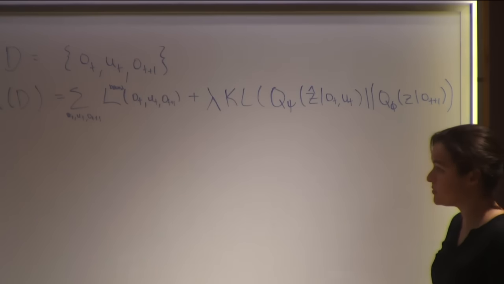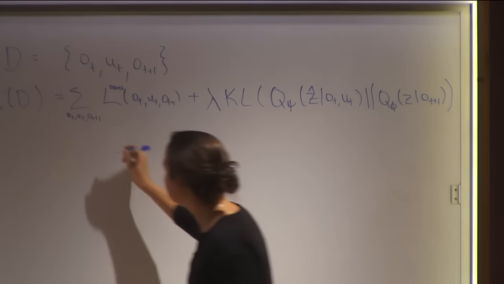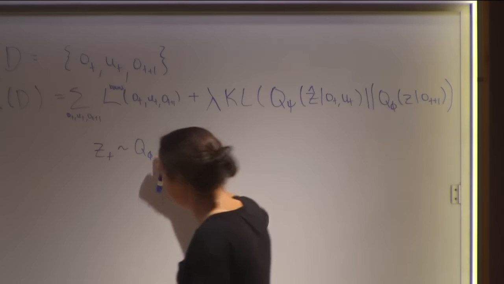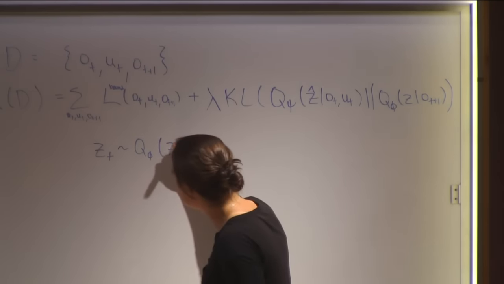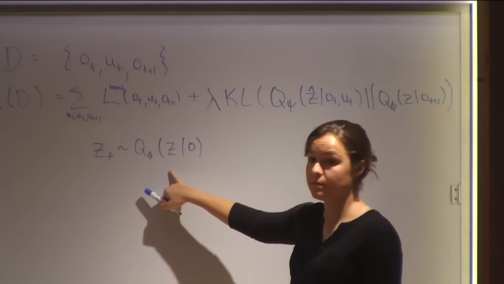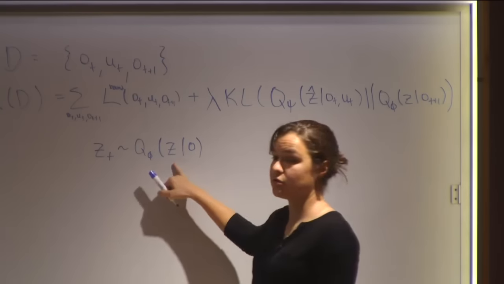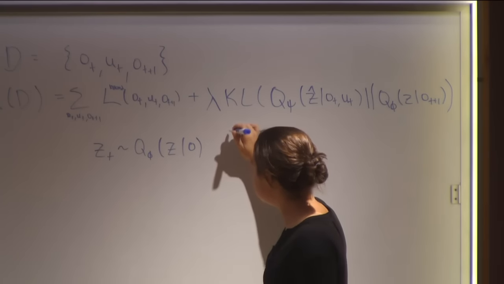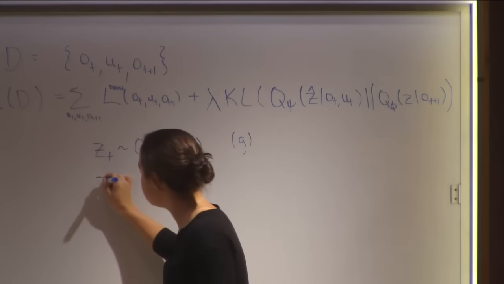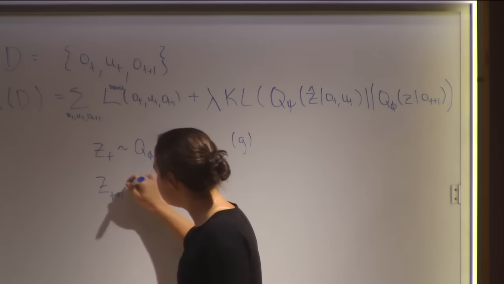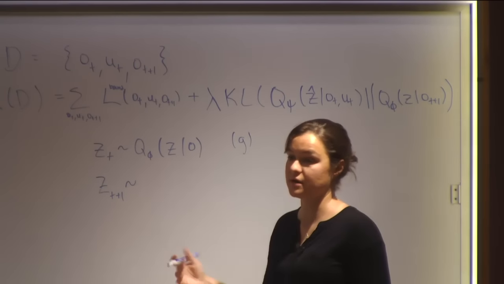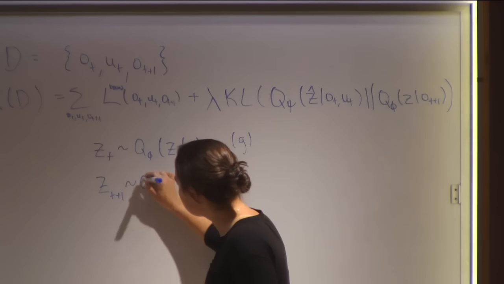There are 3 parts of the network. The first one is parameterized by phi, and it maps from the observation to your embedding. So this is just your encoder. This is what I denoted with G earlier. The second one is the model. So this is zt plus 1. I'm using these to denote the stochasticity, so that each of these is going to be a stochastic network with a probability distribution.